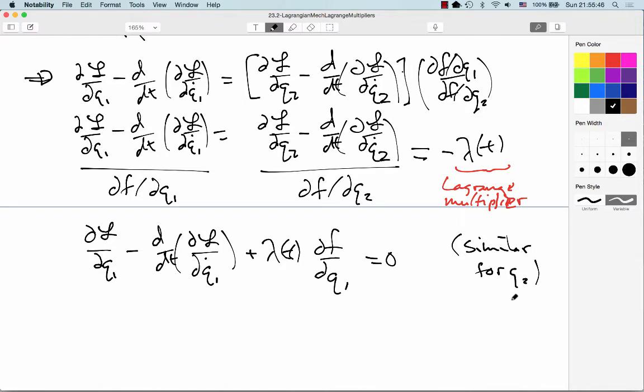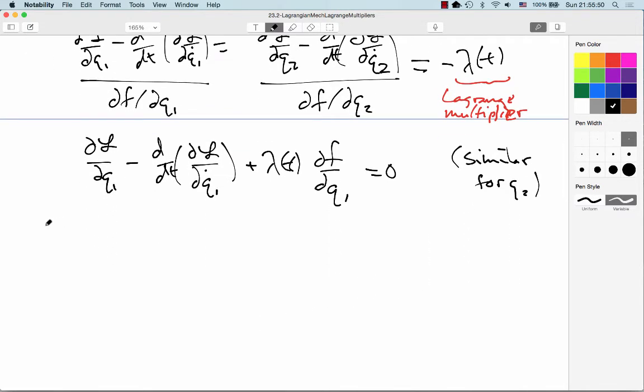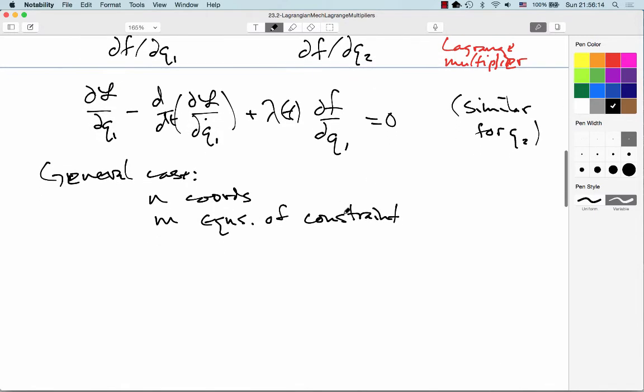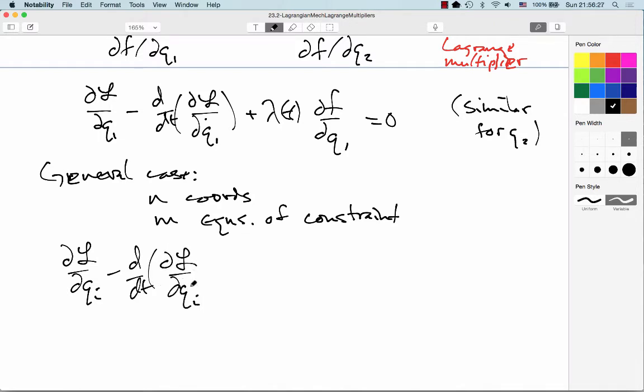Let's say it's more general than that. I will hope that you can believe me that the general case where we have n coordinates and m equations of constraint becomes partial L partial qi minus d dt of partial L partial qi dot plus, and here it comes, sum over j lambda j of t partial fj partial qi equals 0.